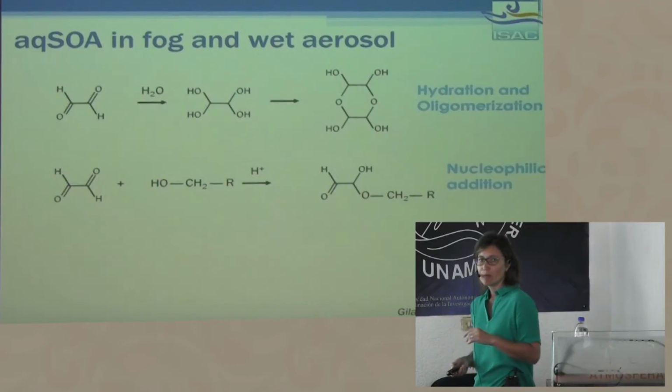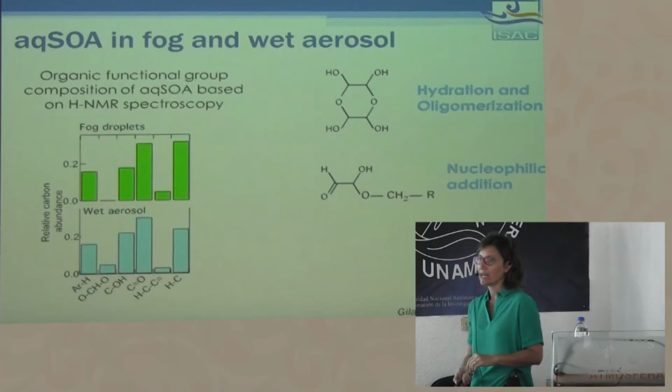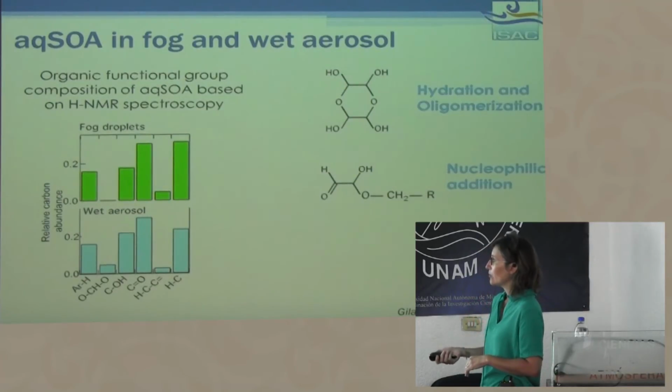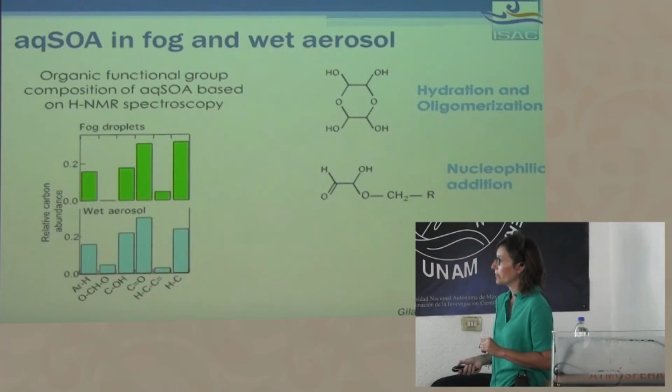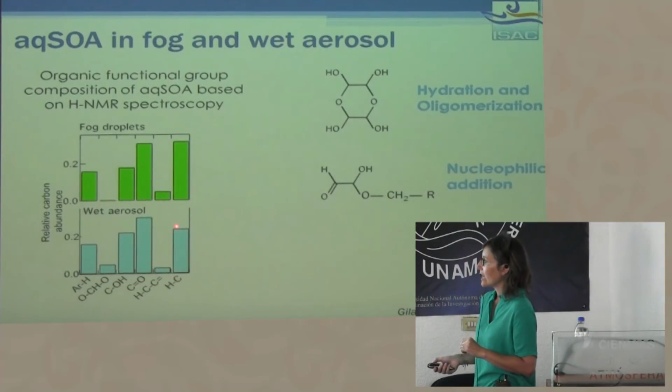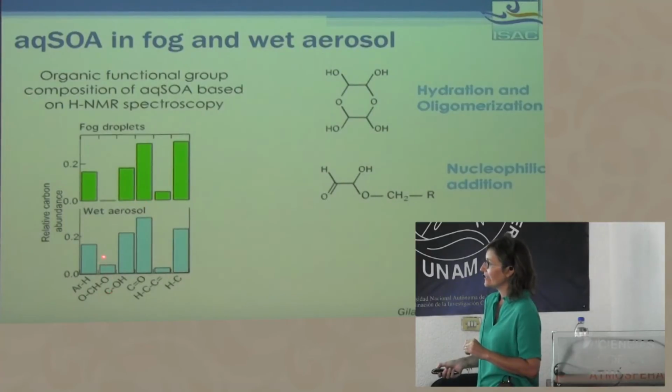To try to understand what was actually going on from a chemical point of view in the Po Valley, we analyzed the aqueous secondary organic aerosol using nuclear magnetic resonance spectroscopy. And here we report the composition in terms of organic functional groups for the aqueous secondary organic aerosol formed in fog droplets in green, and the aqueous secondary organic aerosol formed in wet aerosol in blue. The main differences are that in the wet aerosol, we see the oxygen-carbon-oxygen moieties.